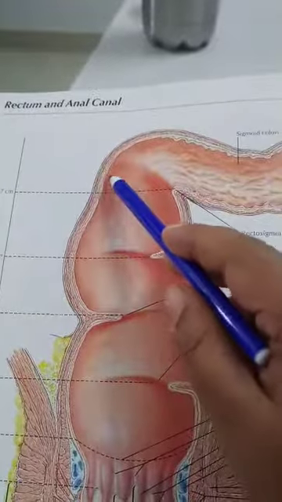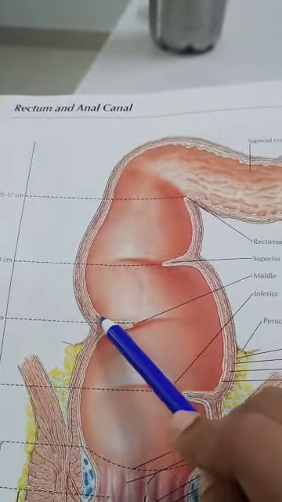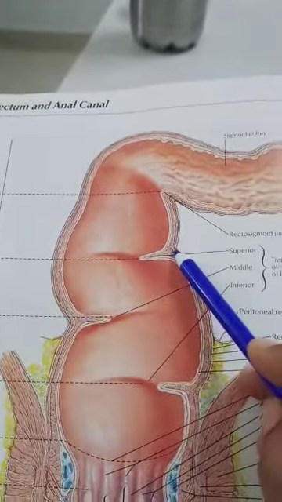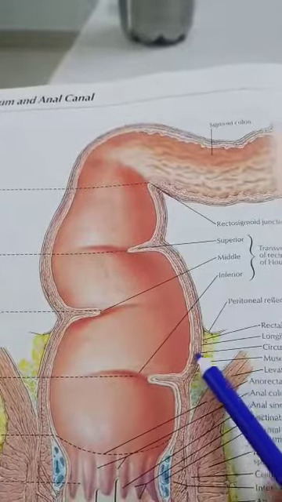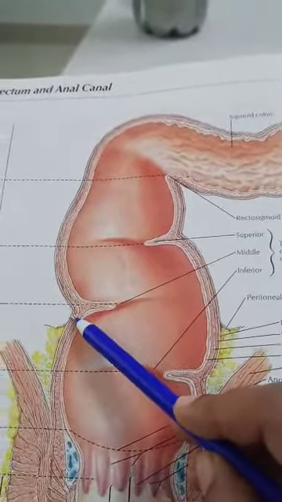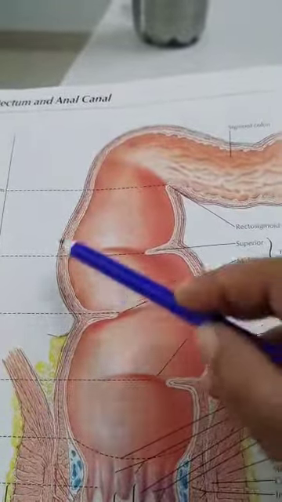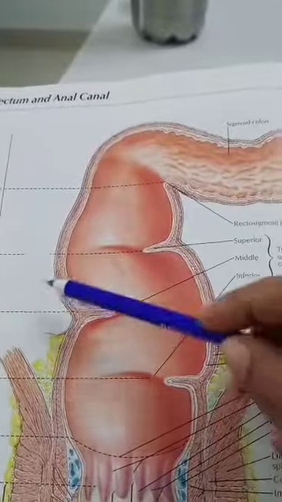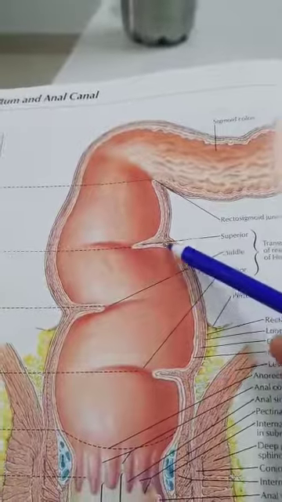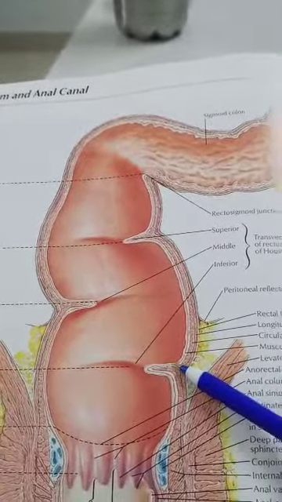In the middle part there is a curvature towards the left side. And in the lower part again we can see another convexity towards the right side. So there are two right curvatures in the upper end and the lower end, and one left curvature in the middle part. So three lateral curvatures for the rectum.